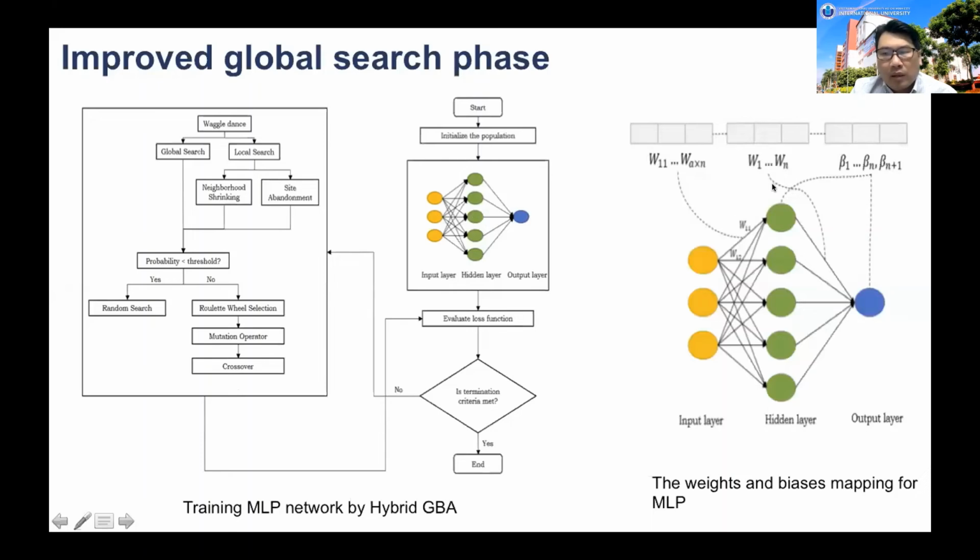Because this is a continuous problem, we try to optimize all of the weights and biases.